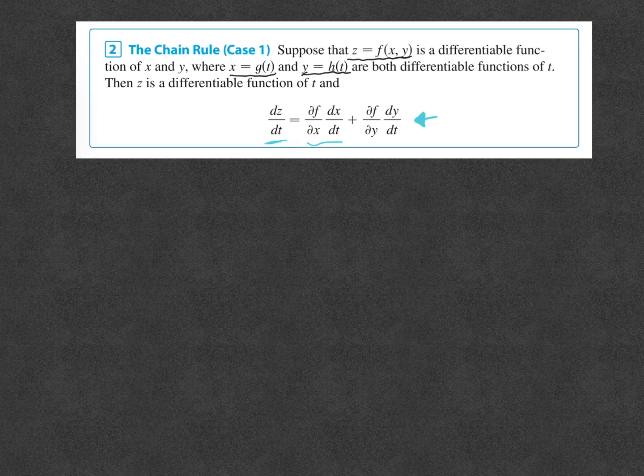So let's look at a specific example. Let z equal x squared y plus 3xy to the fourth, where x equals sine 2t and y equals cosine t.